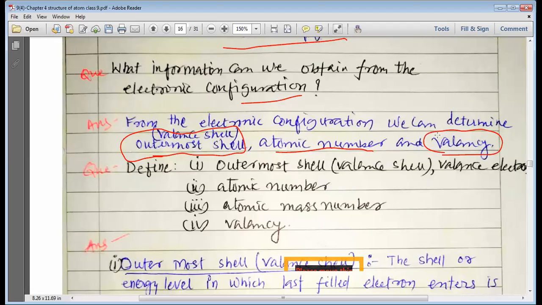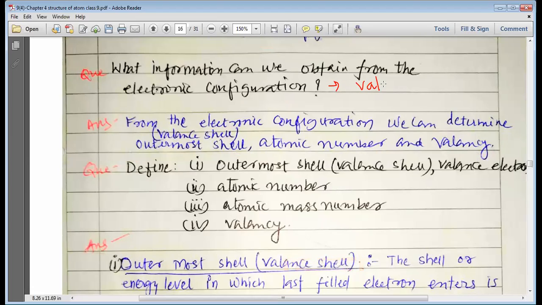Please remember, my dear students, that from the electronic configuration, we can come to know about the valence shell, or we can come to know about the valence electrons, or we can come to know about the outermost shell.